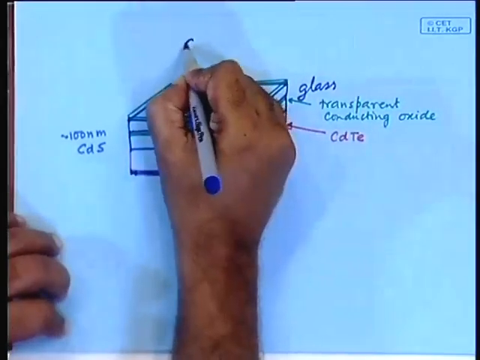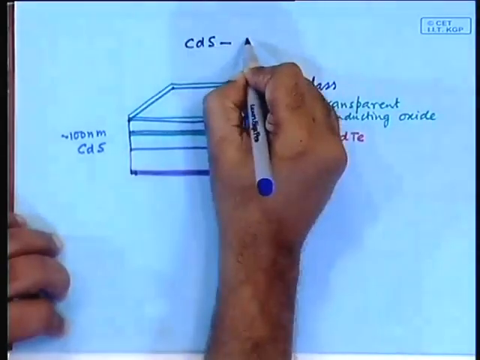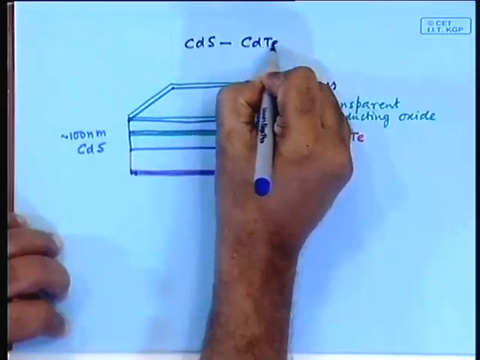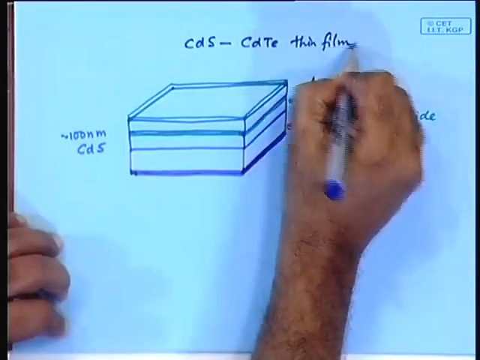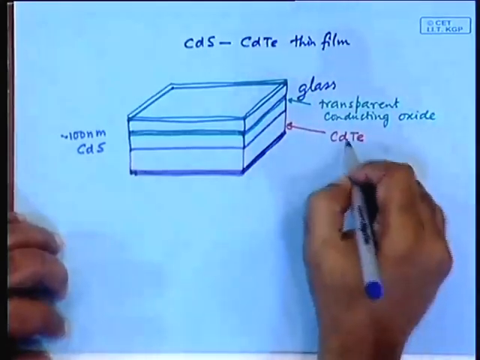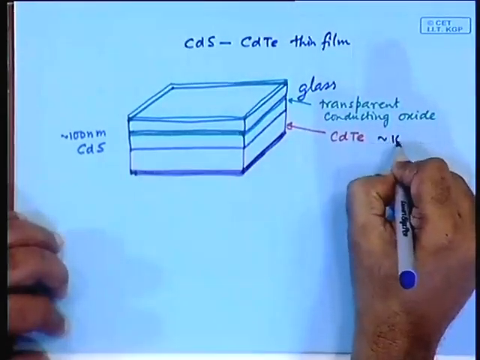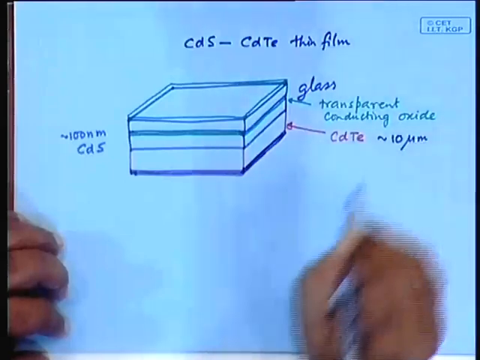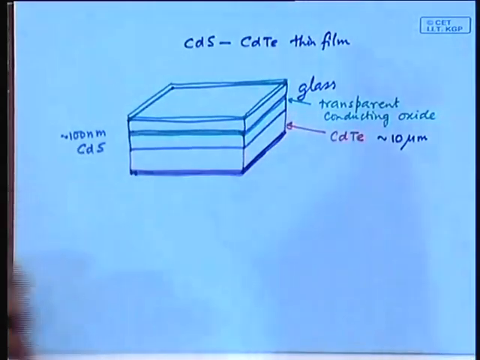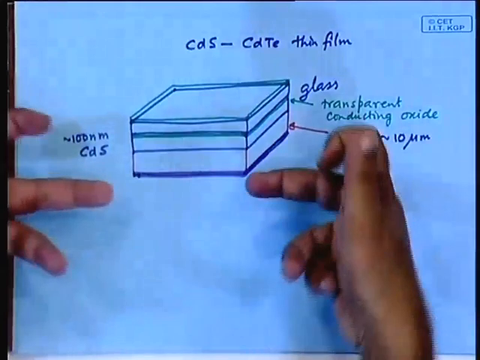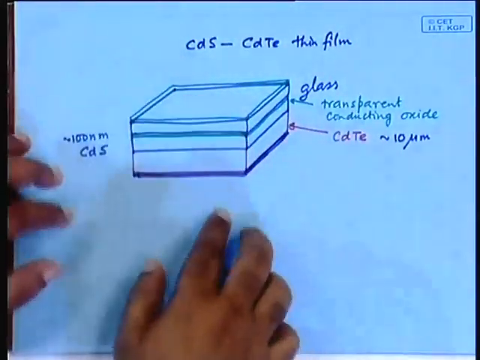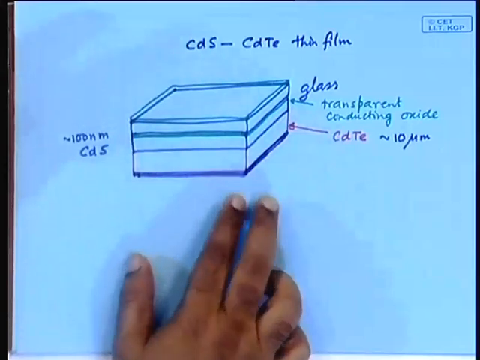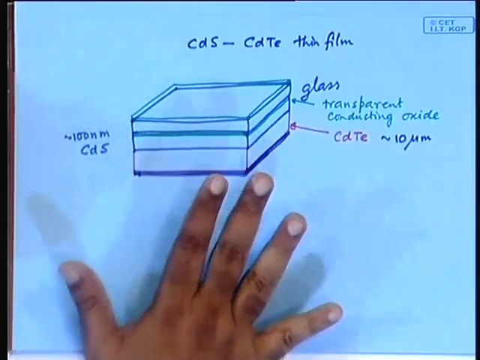This is CdS, CdTe thin film. Now, cadmium telluride has approximately 10 micrometer size. So, you see the whole thing put together is a very thin layer again. So, this is again a thin film solar cell, and this has very good efficiency.